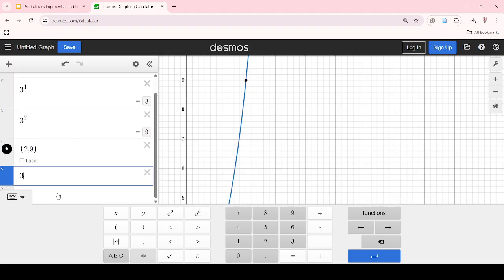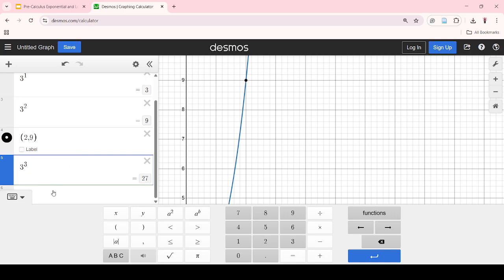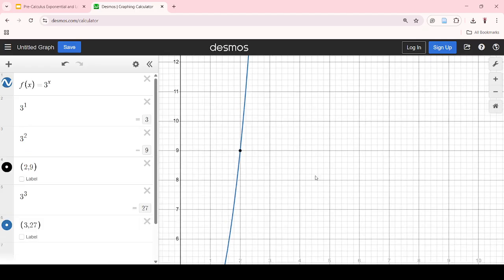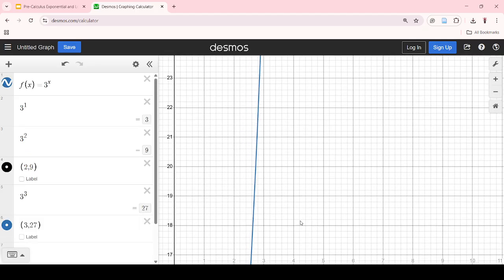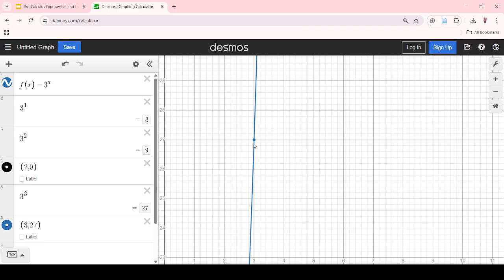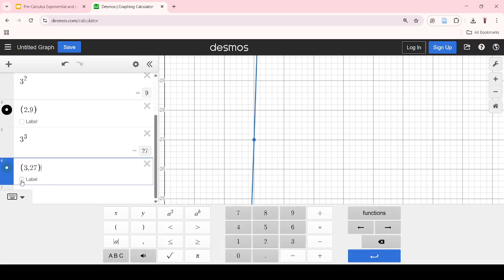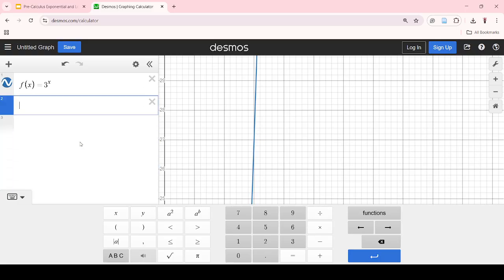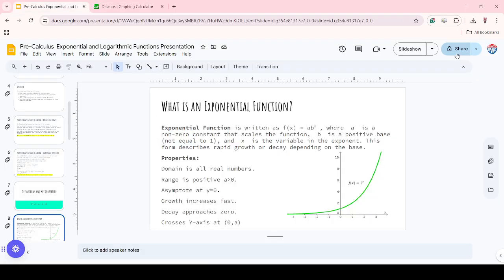And we'll do one more. 3 to the power of 3 is equal to 27. So it will intersect at point (3, 27). Let's scroll up to this, and there's your point there. As you see, this could just keep going on forever, but we are not going to keep doing this.